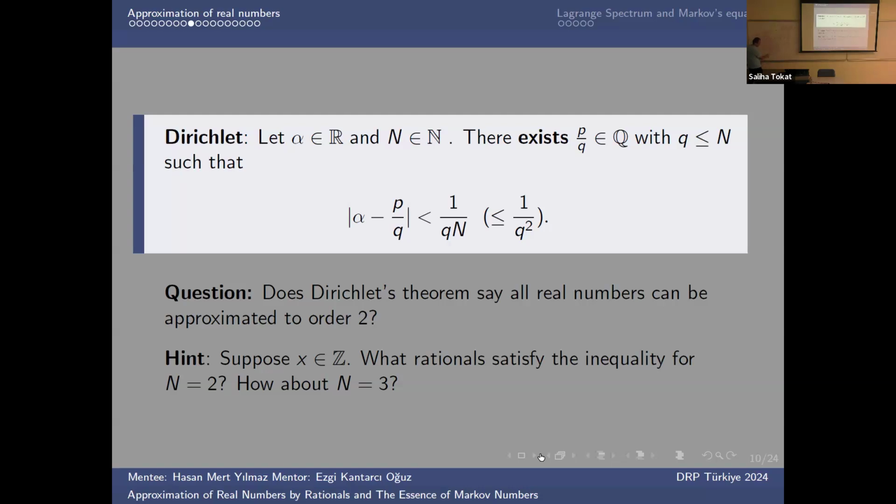In this case, q, x, and p are integers, so this expression is an integer. So the result can only be 0, since we suppose q is positive and it can't be 0. So this number is 0.